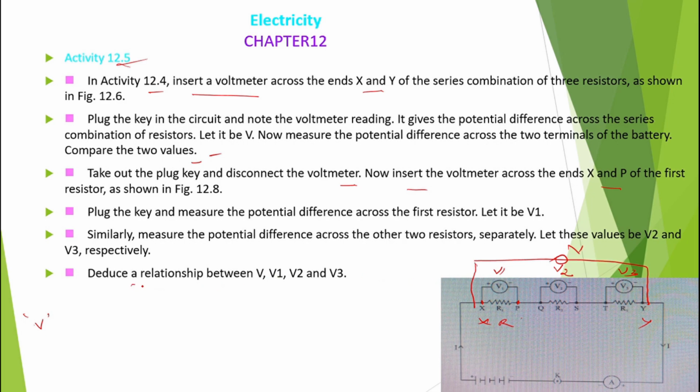Now, what is the relationship between V1, V2 and V3? So this V is equal to V1 plus V2 plus V3. The sum of potential differences across the three resistors is equal to the total potential difference.